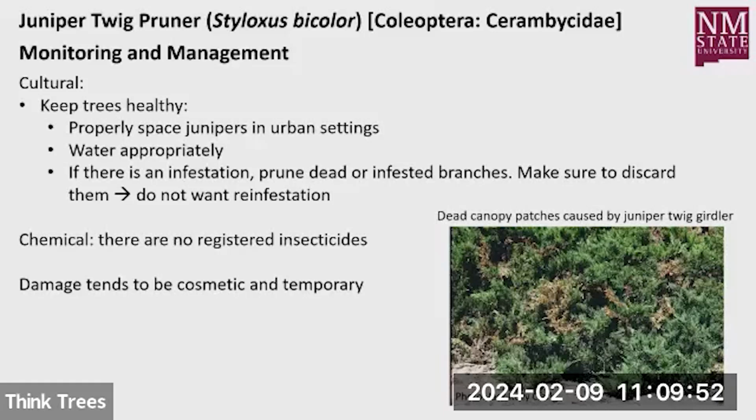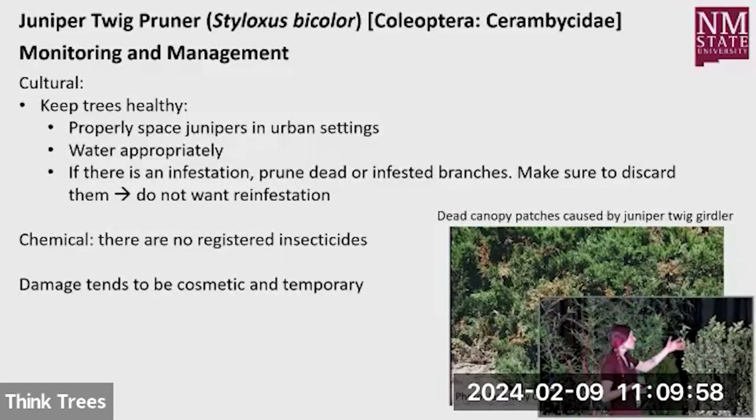Basically, and you're going to hear this a lot, keep your trees and your shrubs happy, properly space your junipers in urban settings. That's an IPM tip for avoiding them. Water appropriately, not too much, not too little.